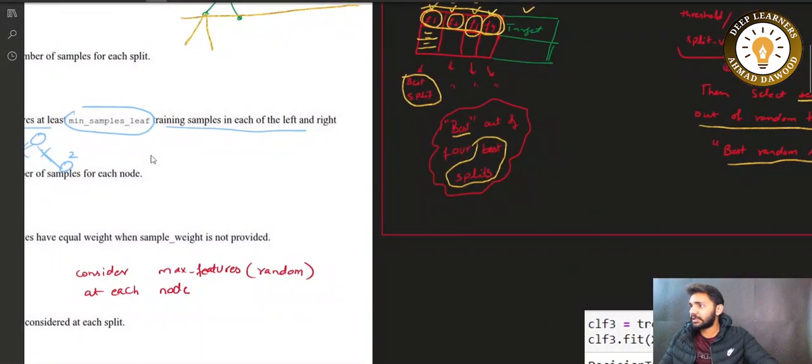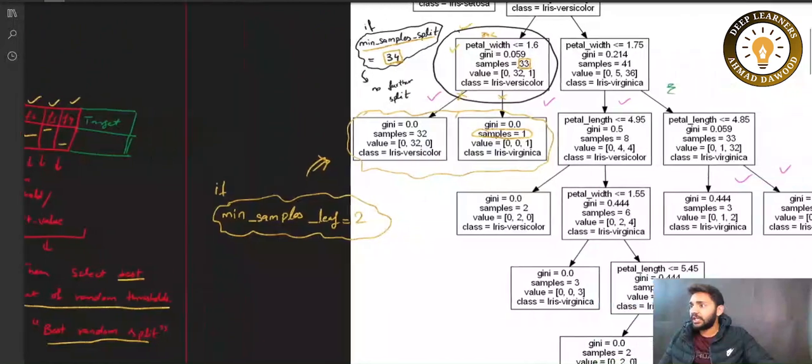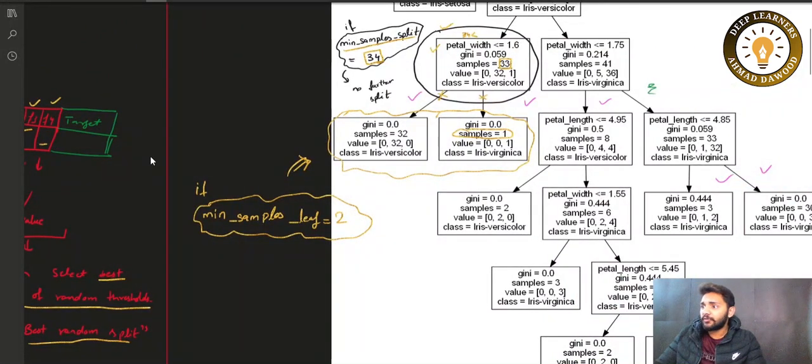And here, if I show you, let's say you pass minimum samples leaf equal to 2. At this particular stage, this node is splitting into two parts, one this and one this. This leaf node has 32 samples and this leaf node has one sample.